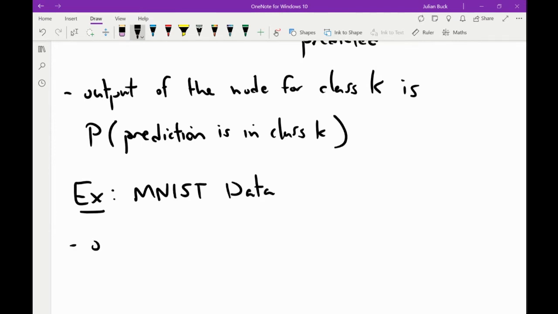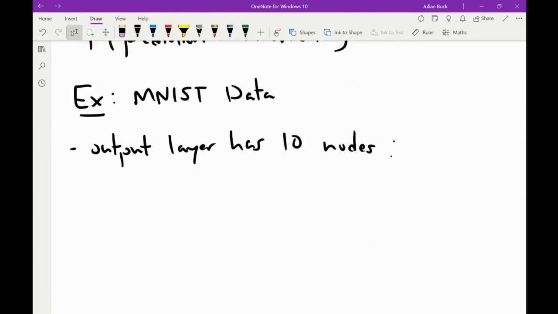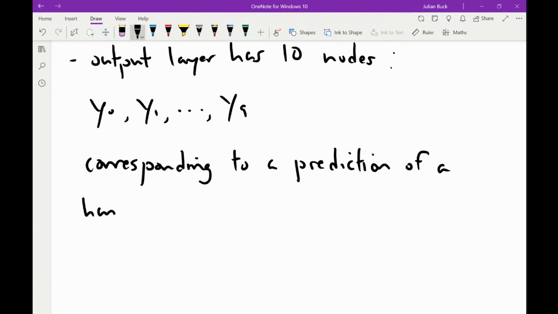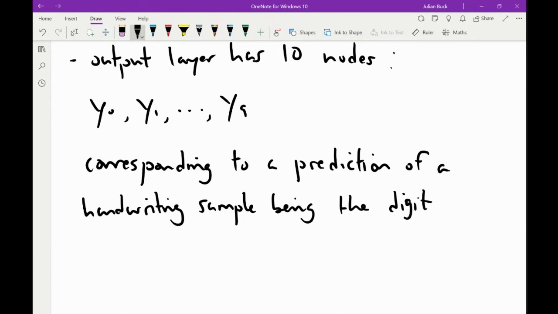So the output layer has 10 nodes, which for convenience we'll label Y0, Y1 through Y9, corresponding to a prediction of a handwriting sample being the digit corresponding to the subscript on the node, 0, 1 up to 9.